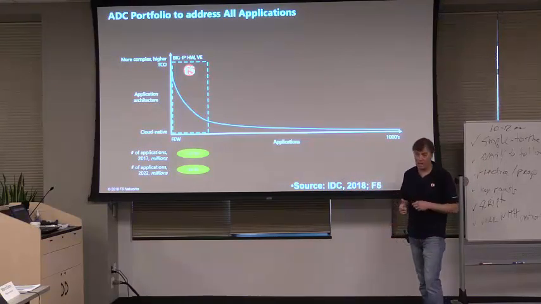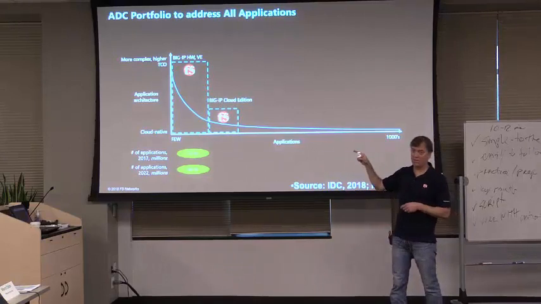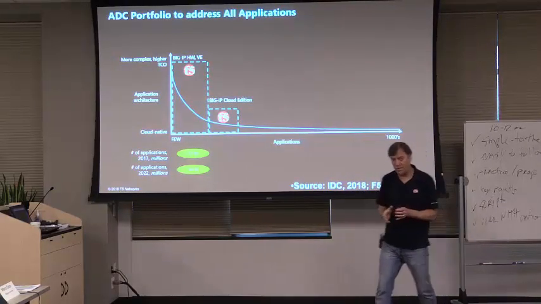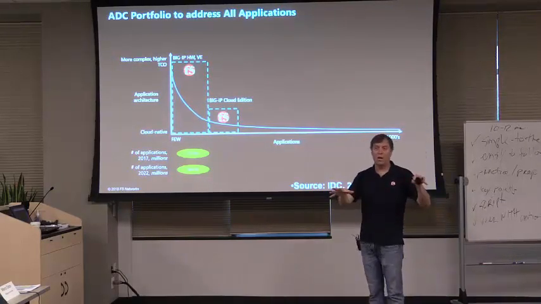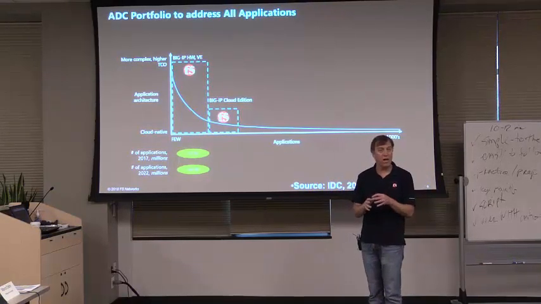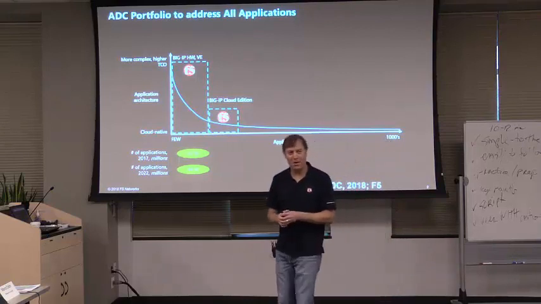So we first came out with Big IP Cloud Edition, and that was our kind of half step to be able to start talking with customers about where we're headed. It's not really where we need to get to over here.